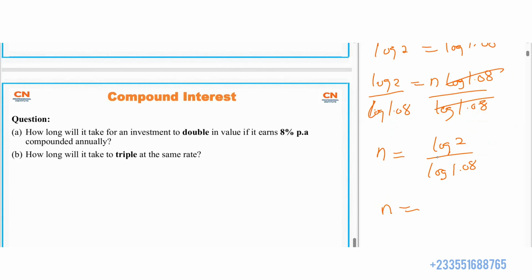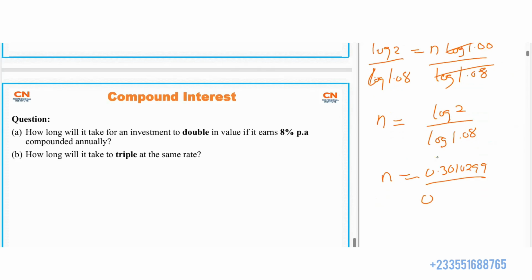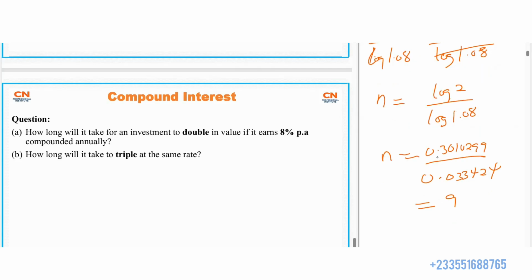Log 2 is something like 0.30102999, and log 1.08 is giving us 0.0334424. When you divide this, you get approximately 9. When you get to this point, just punch log 2 divided by log 1.08 into your calculator, and you get the answer straightforward.